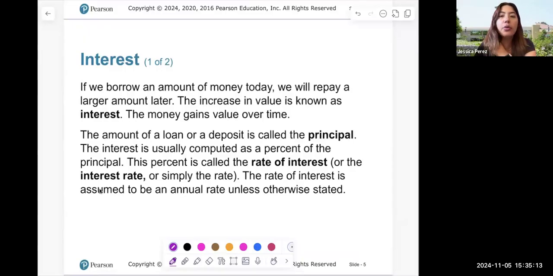The money of the loan or deposit is called the principal amount, whereas the interest is computed only as a rate, a percent. The rate of this interest can be assumed to be annual. So for example, if you have a credit card, your interest rate will be 10% or 15% every year. So again, annually.